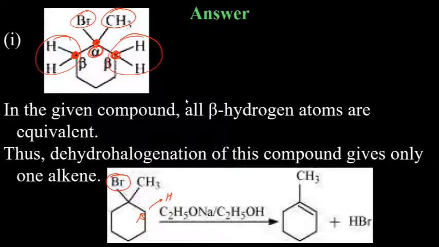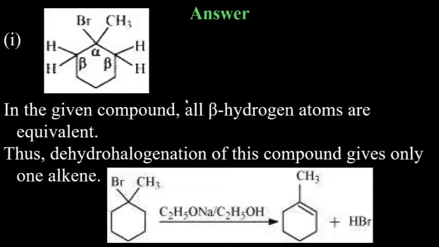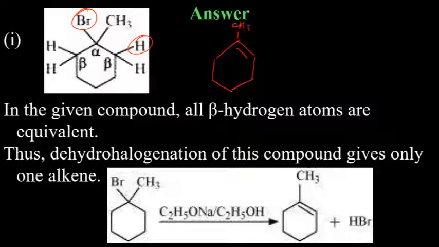Yastika, this is the symmetrical part I am saying. If this is the alpha carbon, here you have CH2, and here also you have CH2. Whether you get hydrogen removed from here and bromine from here, the product will be like this.